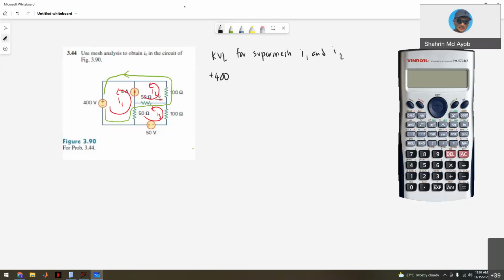Then the 50 ohm, positive 50 (I1 minus I3), plus 50 (I2 minus I3), plus 100 I2. This is equal to 0.